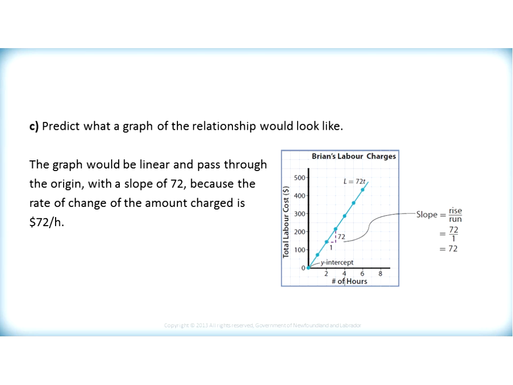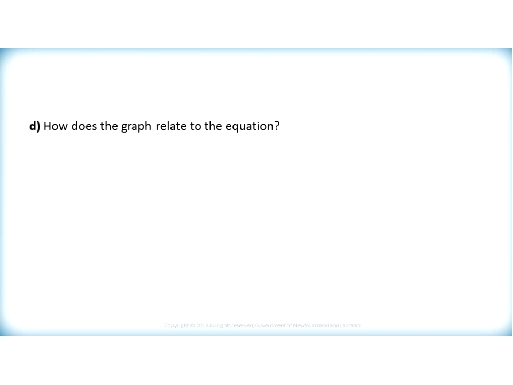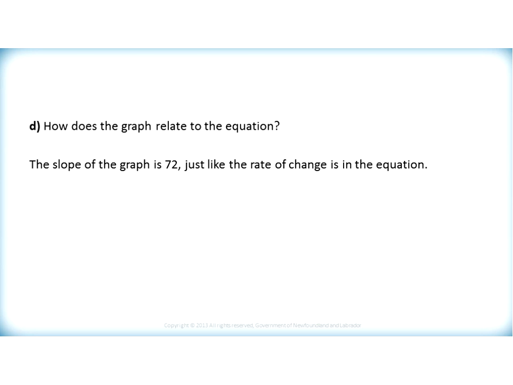And of course, it will pass through the origin because if he doesn't work any hours, he doesn't charge any labor costs. How does the graph relate to the equation? Well, the slope of my graph was 72, just like the rate of change was in the equation.